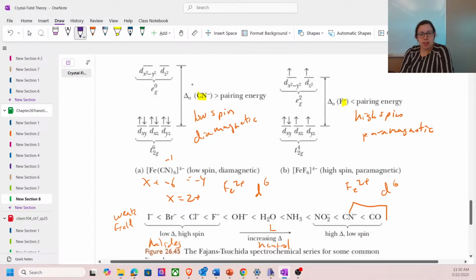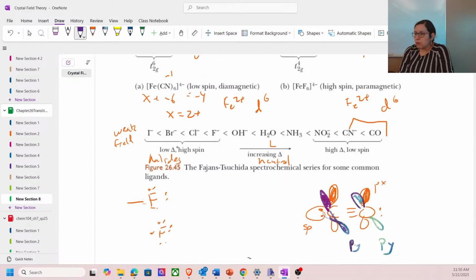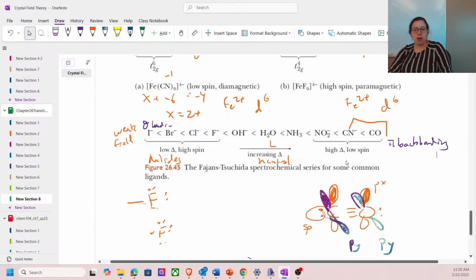And so that's why these tend to have a large octahedral splitting field, versus these simpler ones where we're just getting that direct sigma bond. So I'll just say more sigma bond, and pi back bonding. At least in general, this is our trend here.